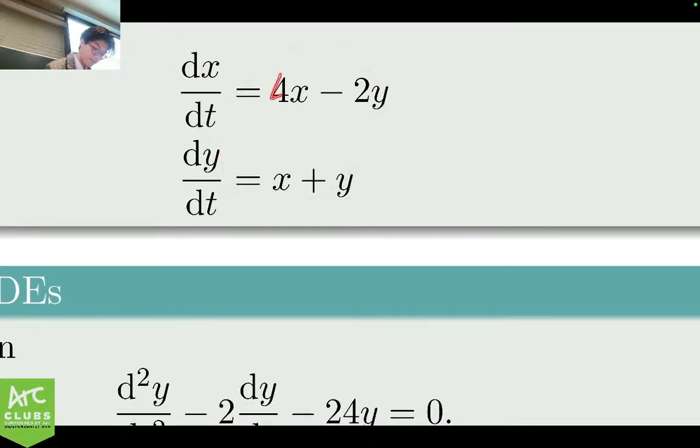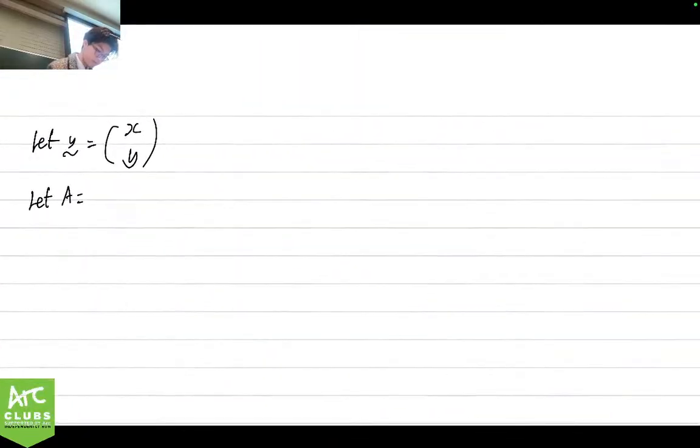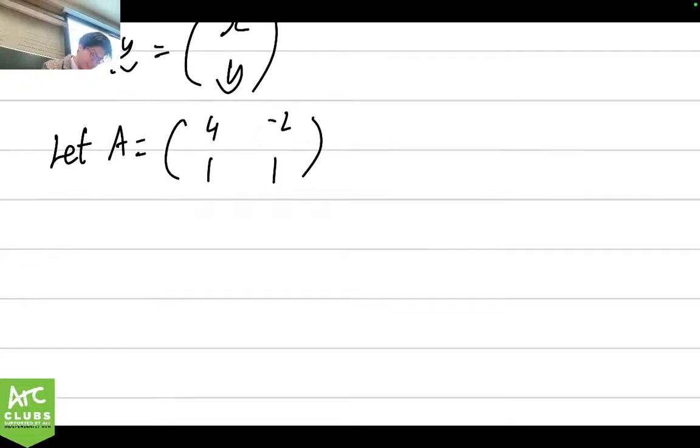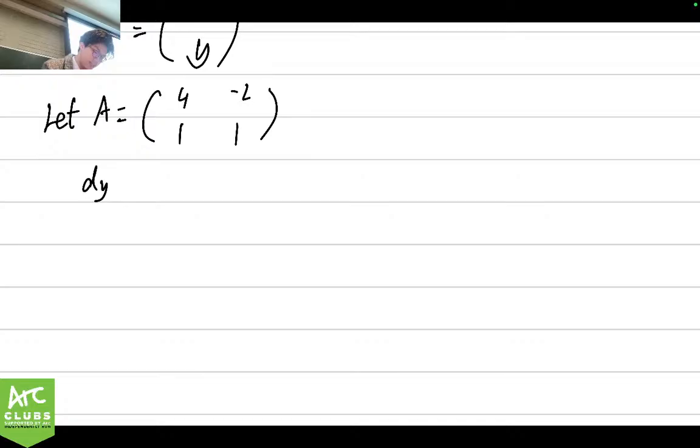So it'll be 4, 1, minus 2, 1. And so we've now established the system dy over dt equals Ay.